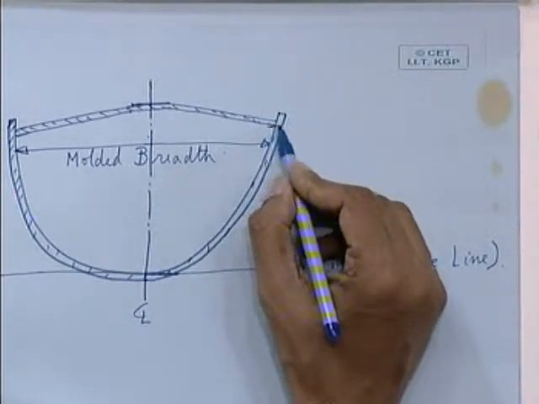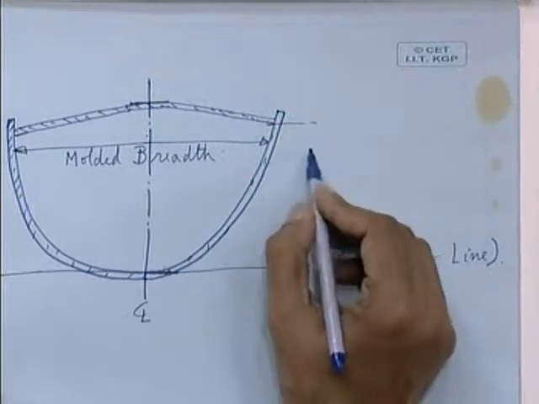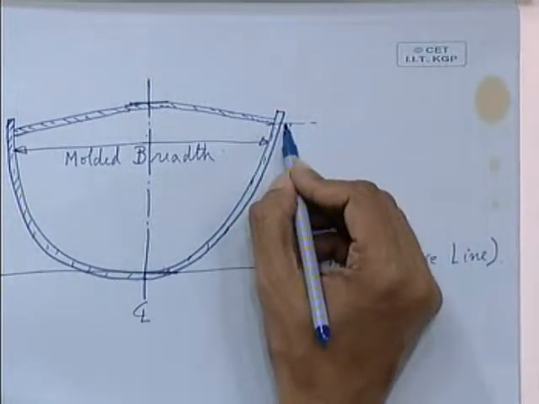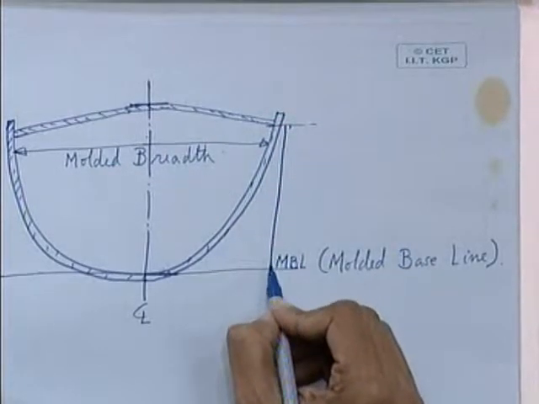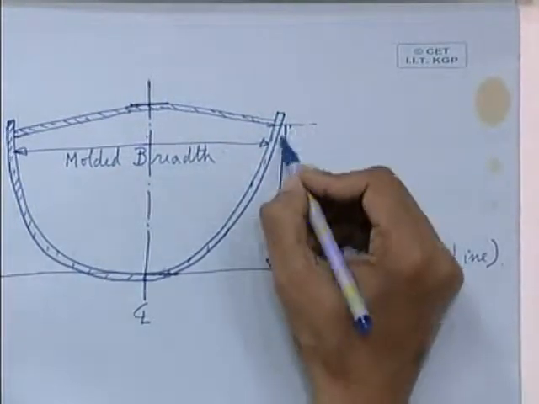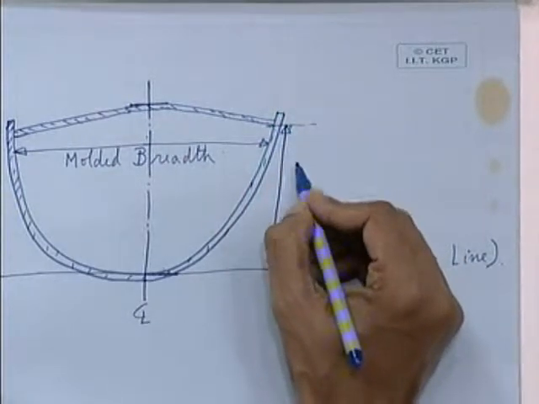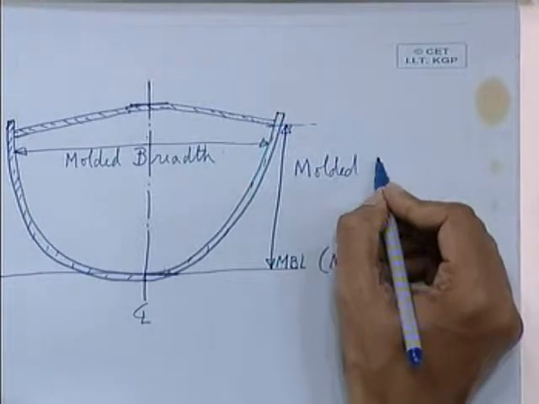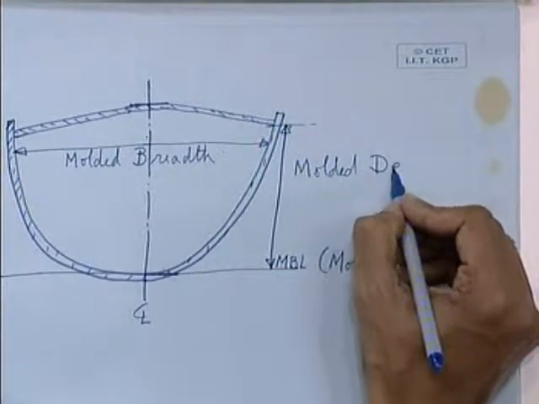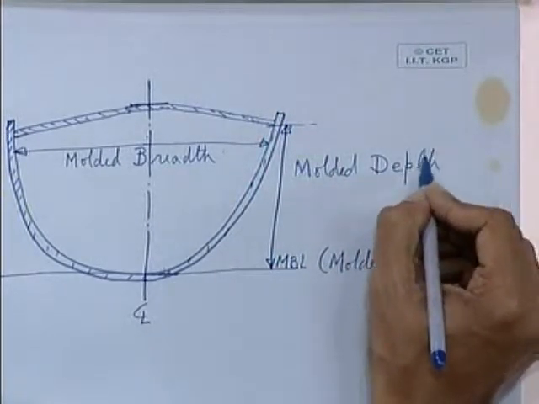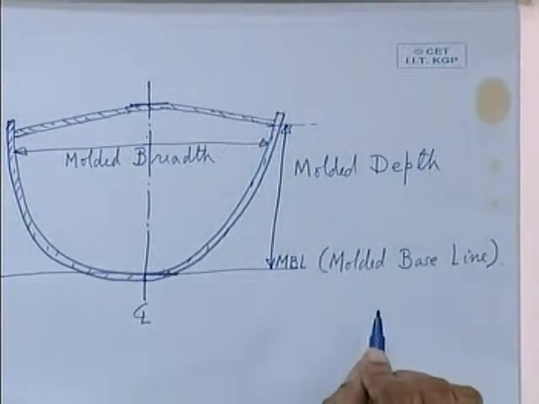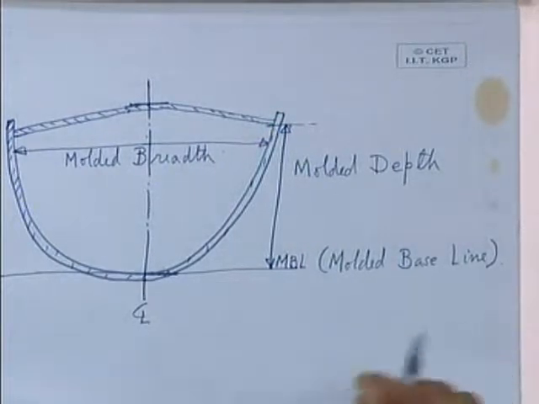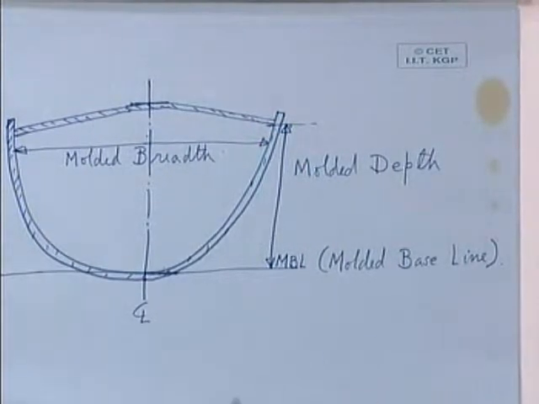Next, if you want to make the molded depth, again it should be below the deck plating. So this is your molded depth. That means the shell plating thickness is excluded from the measurement of the molded dimensions, it is not included.